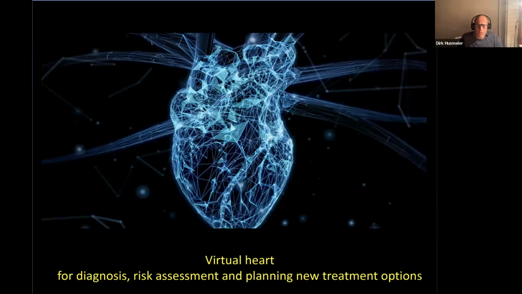And digital twins are increasingly used in physiology and in medicine. You might have come across the virtual heart project, where the objective is to develop a virtual heart that is a digital twin of the heart for improved patient-specific diagnosis, risk assessment, and the planning of new treatment options.